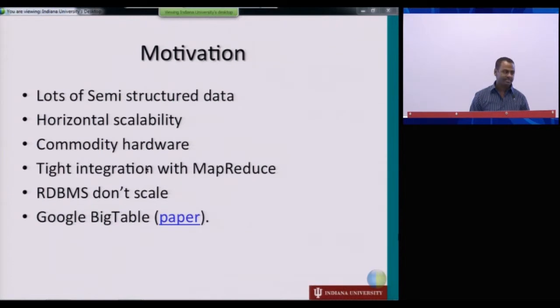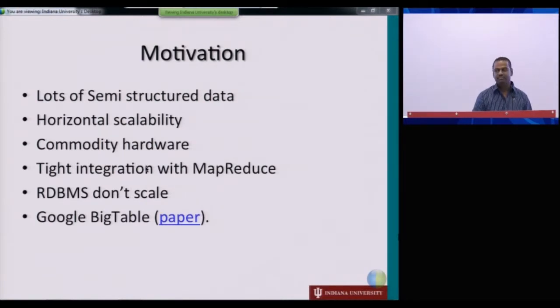Horizontal scalability means to increase the power and the efficiency of a system when you add resources proportionally. The other thing they wanted is for this system to run on top of commodity hardware and to have tight integration with MapReduce so that they can process the data stored on Big Table using MapReduce.